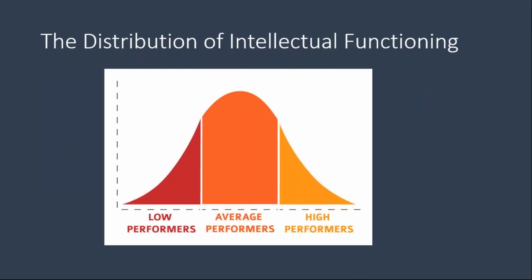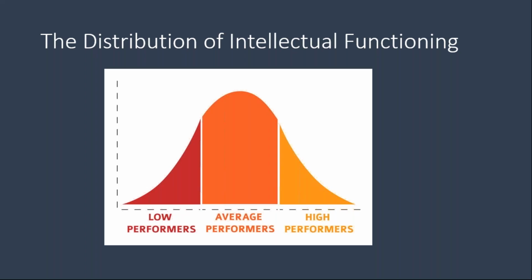When we think about the distribution of any human skill, not just intellectual or cognitive functioning, but any human skill, we typically think that there are those of us in the population that tend to perform in the average range, and that's going to be the majority of people. Then there are those individuals who are high performers, who have above average skills in that area. And then there are those individuals that are low performers, those that have more difficulty with that particular area.